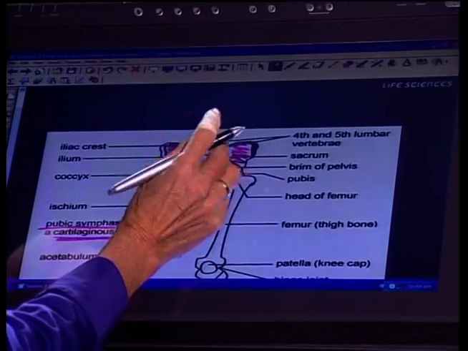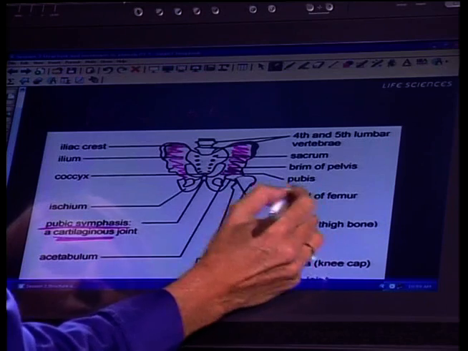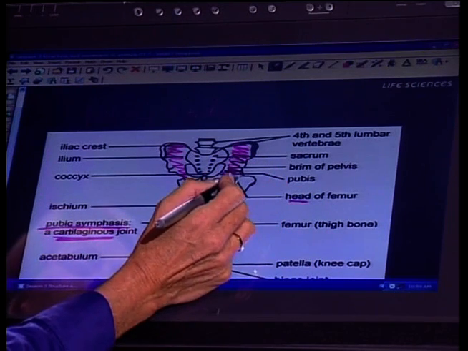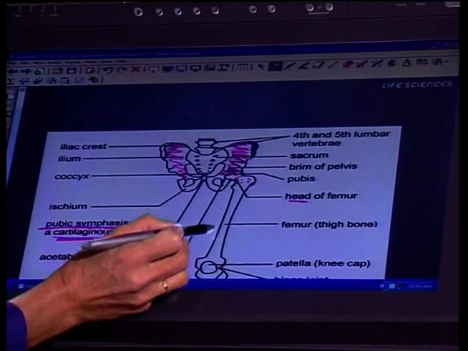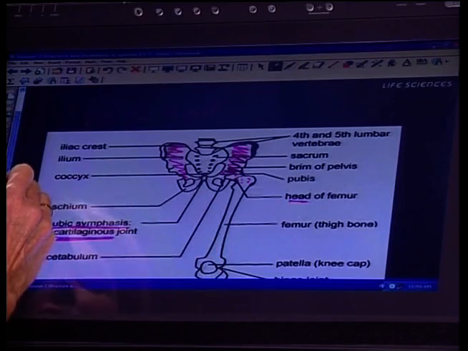Now, from the pelvis you have the head of the femur, and that's going to be made of spongy bone, remember? The head of the long bone always is spongy. Then we have the femur, which is the shaft of the femur, and then we have the patella.